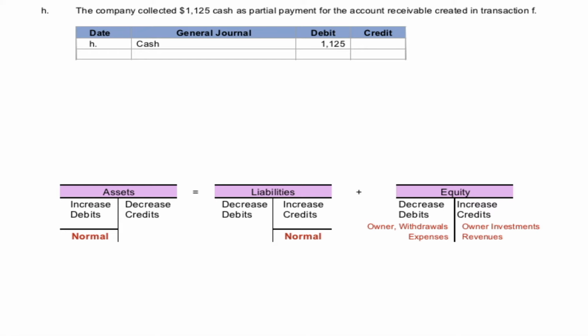And we have another asset account, accounts receivable, that is going down, right? Accounts receivable shows what other people owe us. So if we want to remove the fact that someone else owes us money, we're going to decrease the balance in accounts receivable. So anytime we have a balance in accounts receivable, it means someone owes us money. Anytime we have a balance in accounts payable, it means we owe somebody else money.